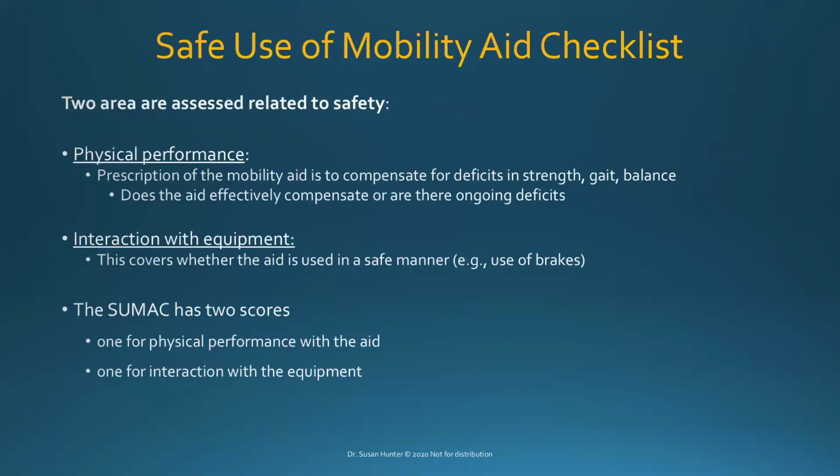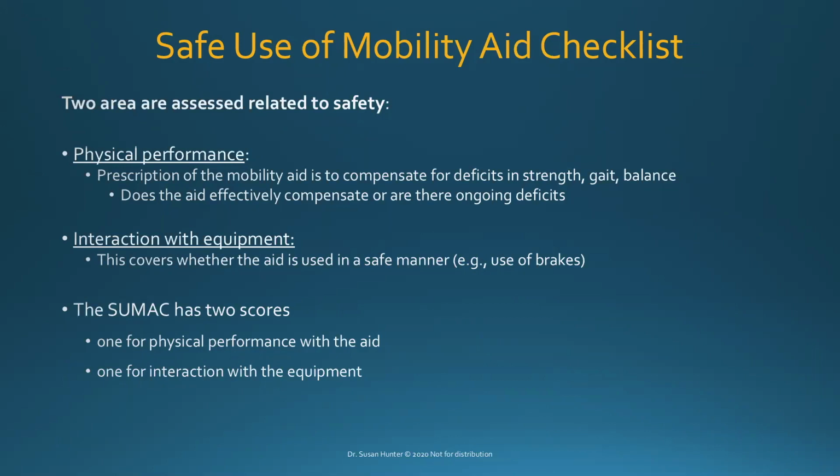So from the SUMAC checklist, again, there are 2 areas that are assessed. The first one is physical performance. Since we know the prescription of a mobility aid is to compensate for deficits in strength, gait, and balance, we're looking to see: does the person's walking and mobility while they use the aid compensate, or are there ongoing deficits that are observable?